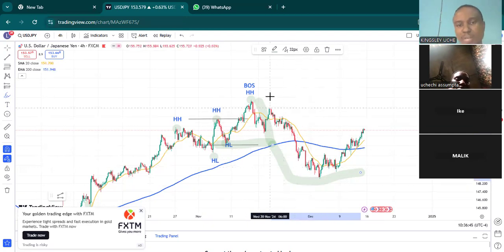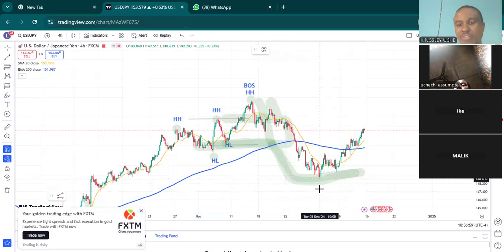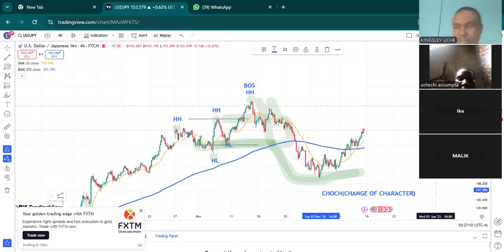The price needs to come down from the break of structure, cross the first horizontal line, come down, cross the second horizontal line and the higher low, and give us a change of character. And this is the change of character, CHOCH.